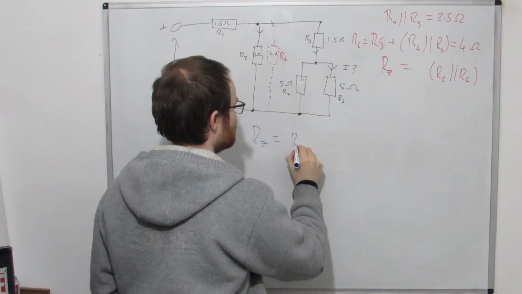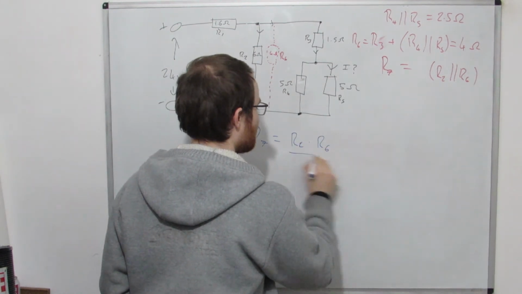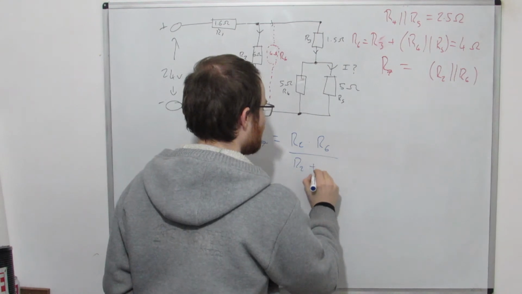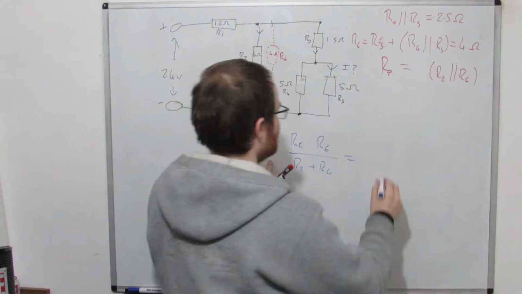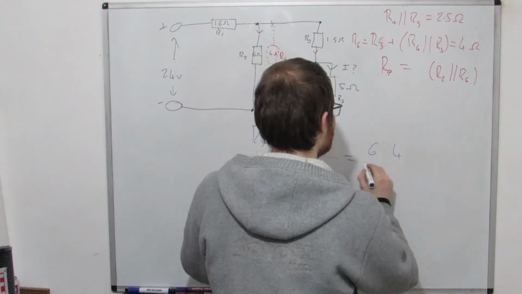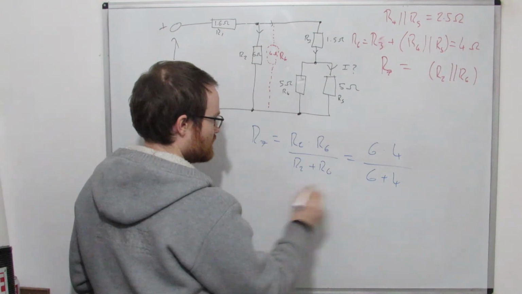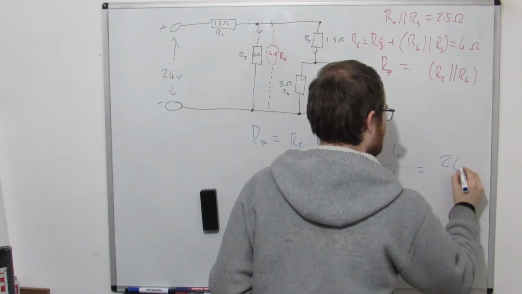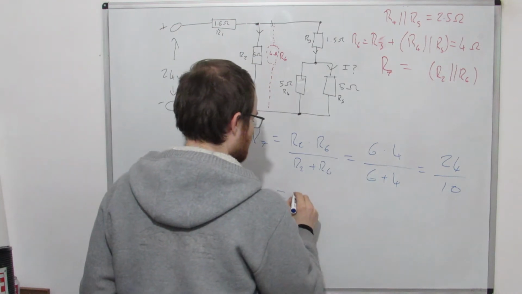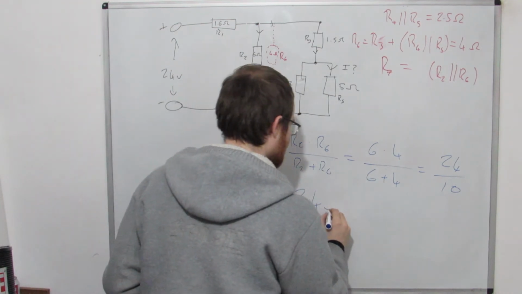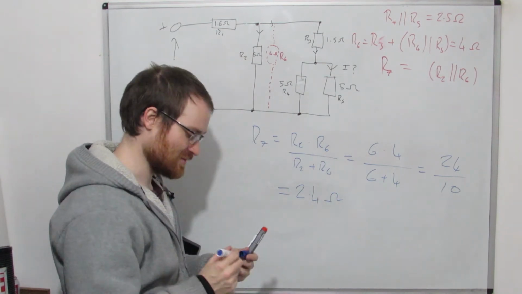So R2 times R6 over R2 plus R6, which is equal to 6 times 4 over 6 plus 4, which is equal to 24 over 10, which is equal to 2.4 ohms. Can't draw, sorry. That's an ohm symbol, I promise.